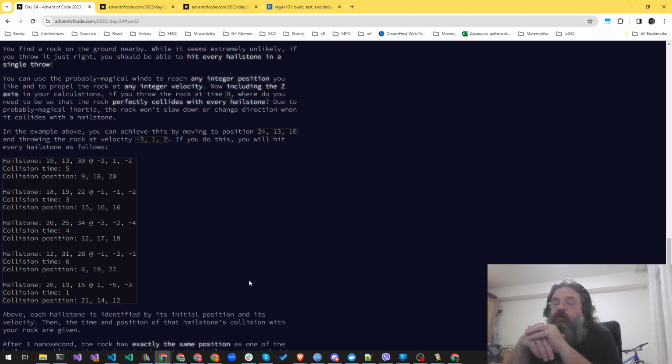So now we do need to take everything into account, both the position and the velocity, and we need to have a rock. So what I'm thinking of is that we can somehow build a possible scenario of this. So not all the points are created equal, so to say.